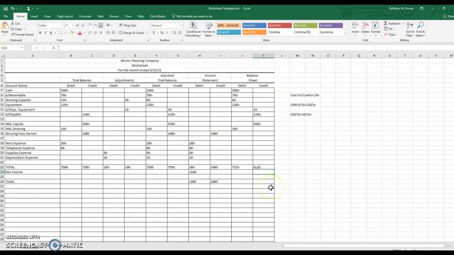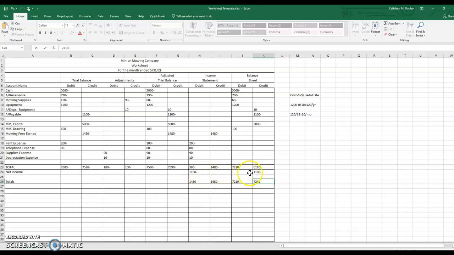Okay, big number minus small number, and that is 1100. Okay, and now those two numbers equal. Okay, and this 1100 net income from the income statement is the same as this 1100.